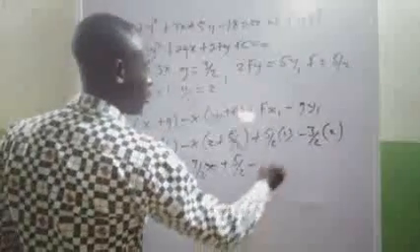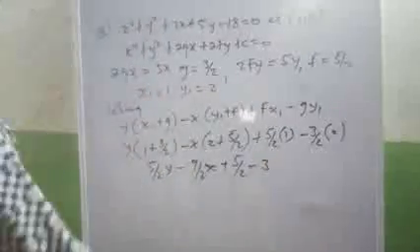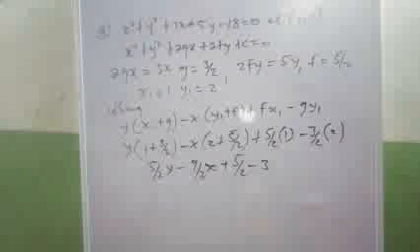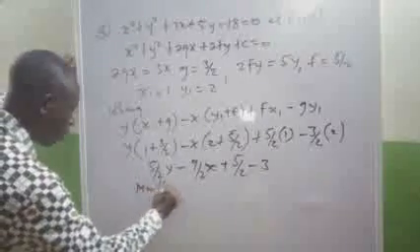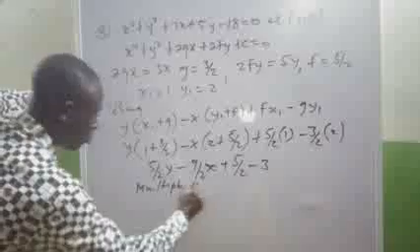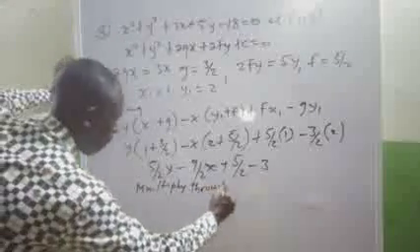If 2 cancels 2 here, you have minus 3. And if you solve that, you multiply through by 2.